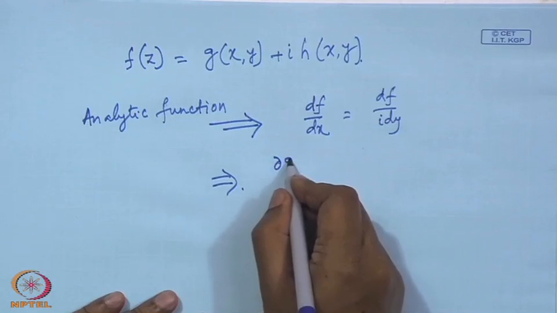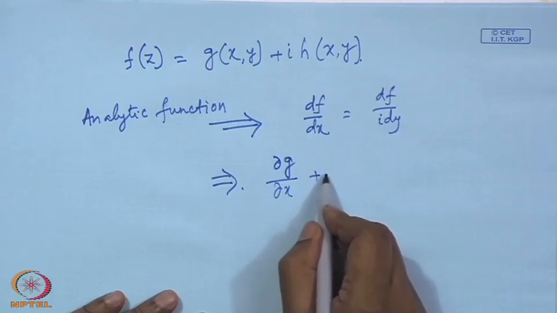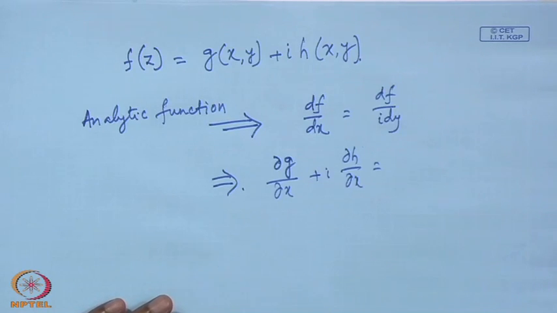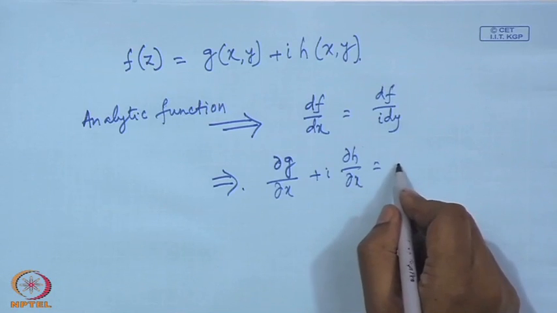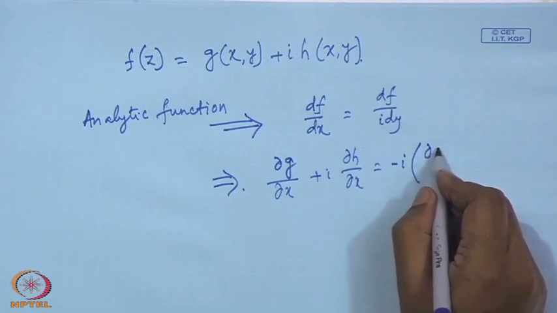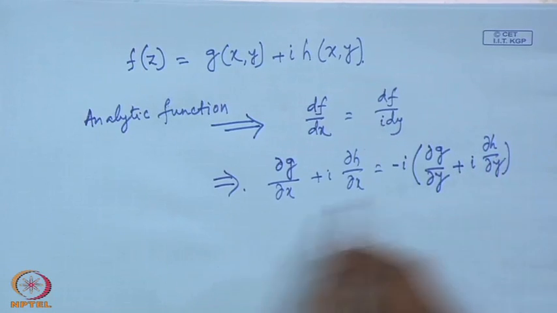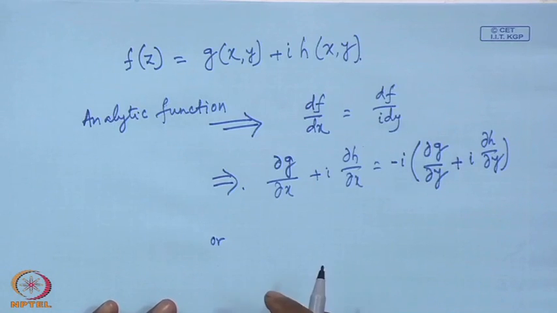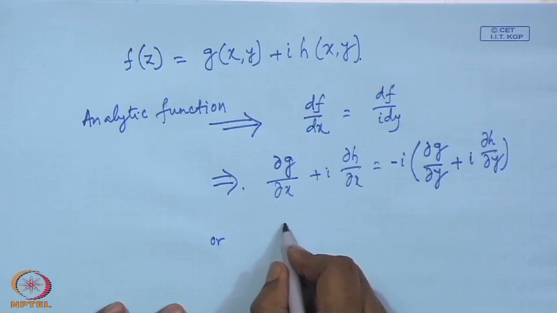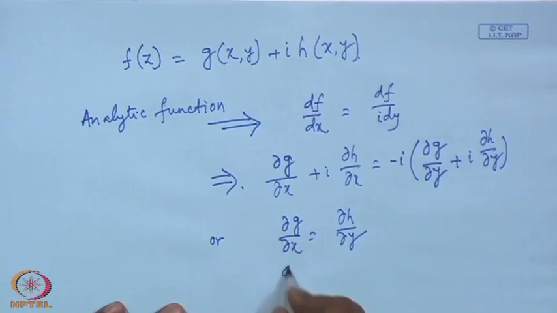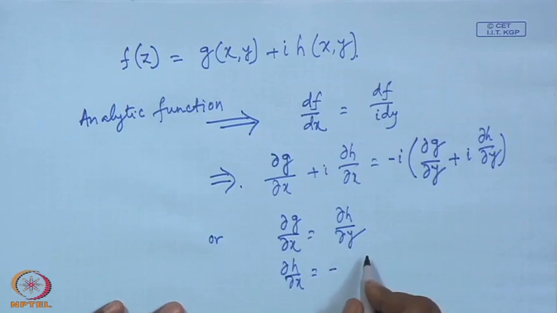Actually we should have written partial derivative here. Yes, 1 by I is minus I.